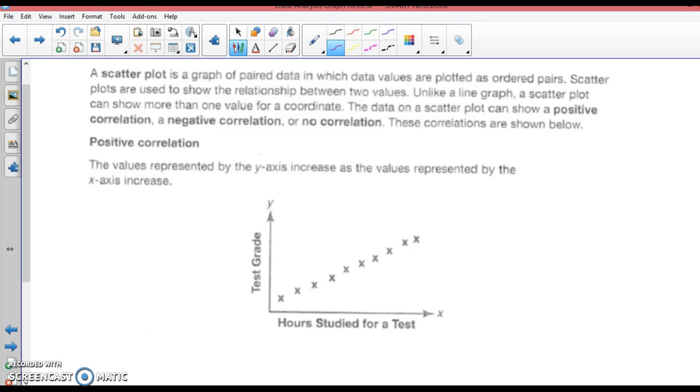If I drew a line of best fit up the middle of this data, it would be a line that is going up to the right. That is what we call a positive correlation. When one set of data is going up, so is the other. Positive correlation. Up. Like when you're reading from left to right. We're going to talk a lot this year about slope, and this is also a positive slope.